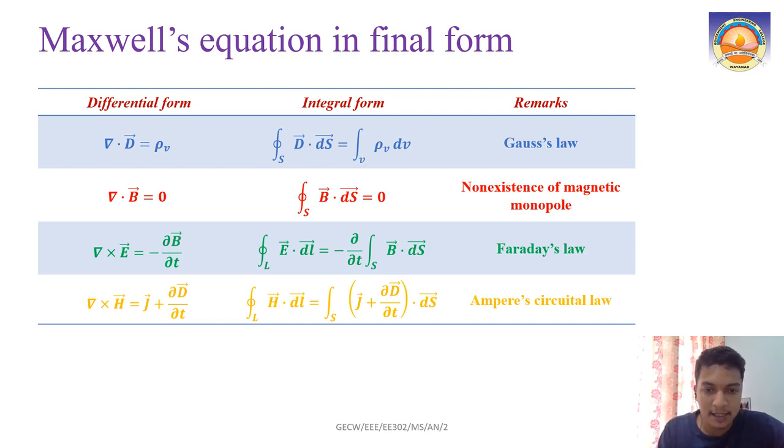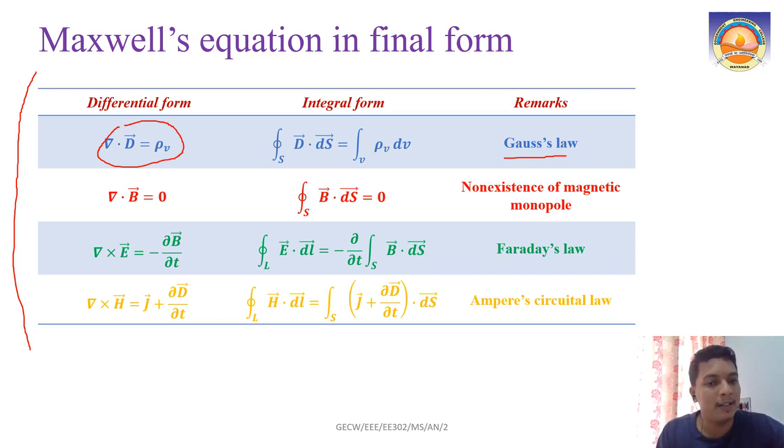Now this is the general Maxwell's equation. We will just discuss about this. Del dot D equal to rho V means what? It is about the Gauss's law in electrostatics, right? It will remain the same whether it is electrostatics or time varying. There is no change for this equation.